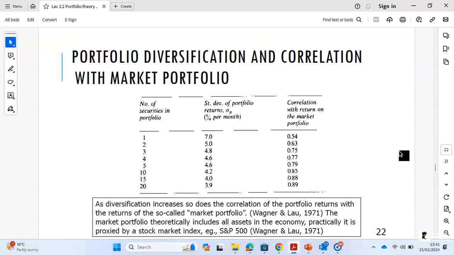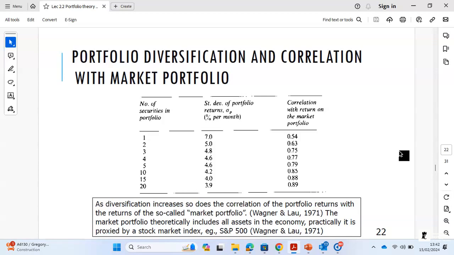The second column shows the standard deviation, and the third column shows the correlation with returns on the market portfolio. As we add more securities, the standard deviation goes down, and the correlation tends to go up. So there is an inverse relationship between the number of securities and risk, and a positive relationship between the number of securities and correlation.